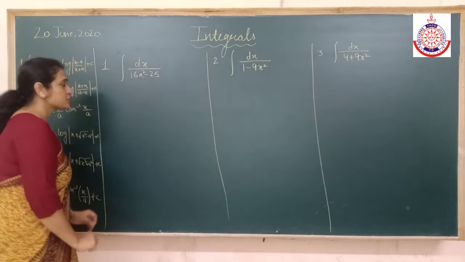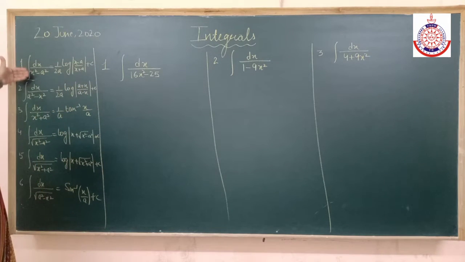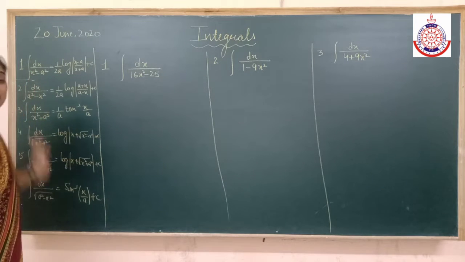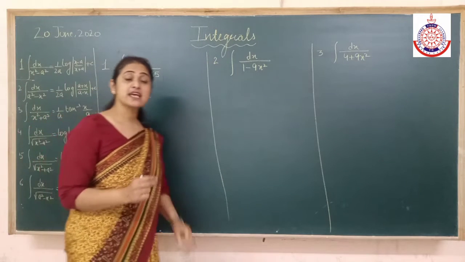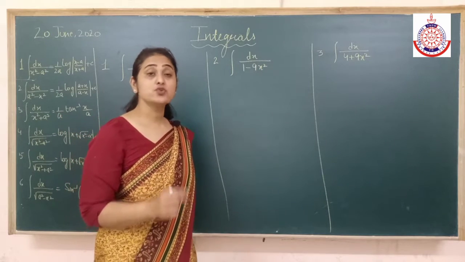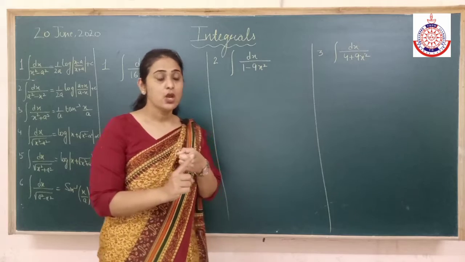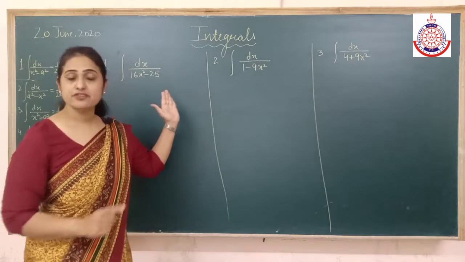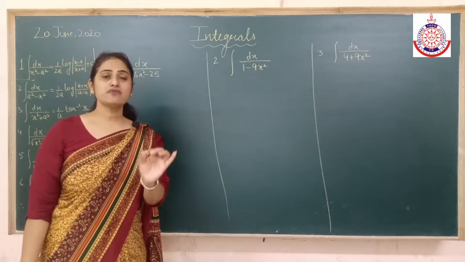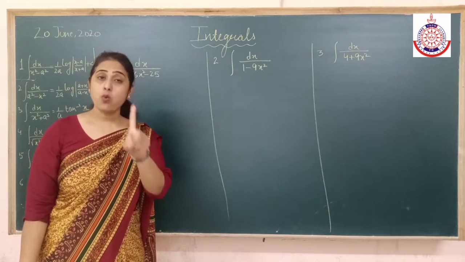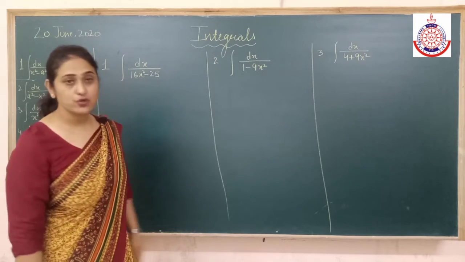Now, if you see the formulas here, none of them has a coefficient of x square. That means the first step is, whatever question is given to me, the coefficient of x square should be 1.